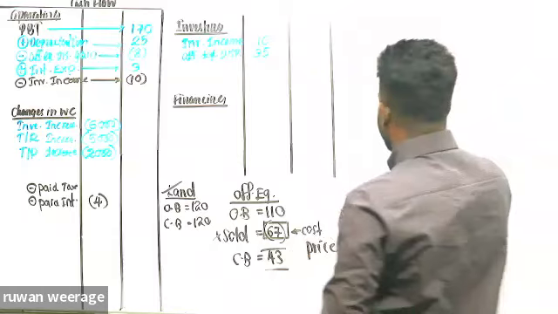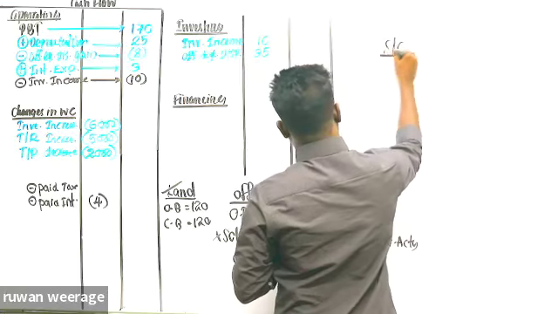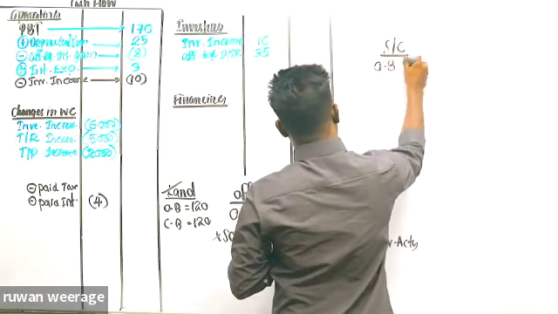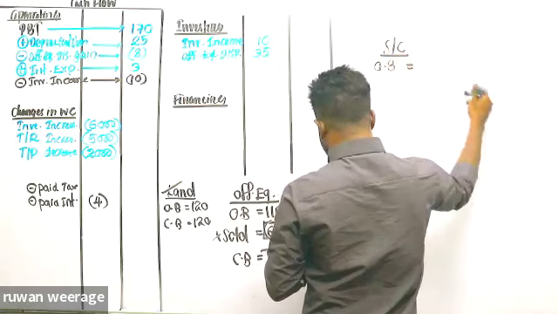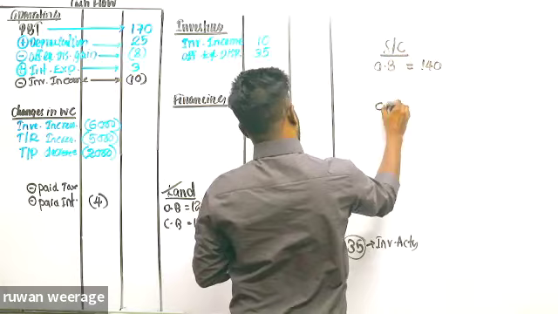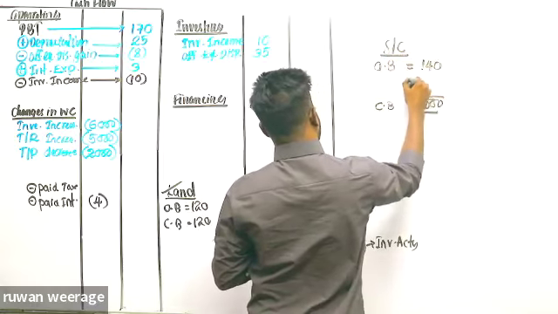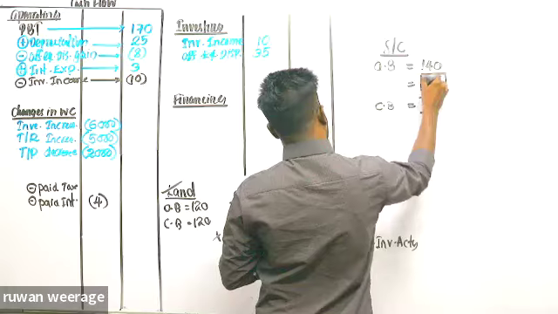Stated capital. Look, it's not ticked, is it? Stated capital. Opening balance 140, closing balance 500. What's the difference? Why increase?